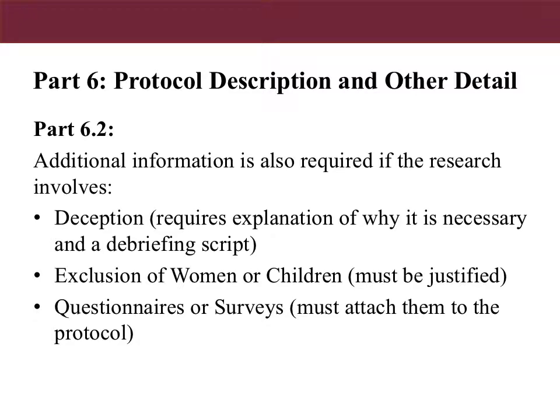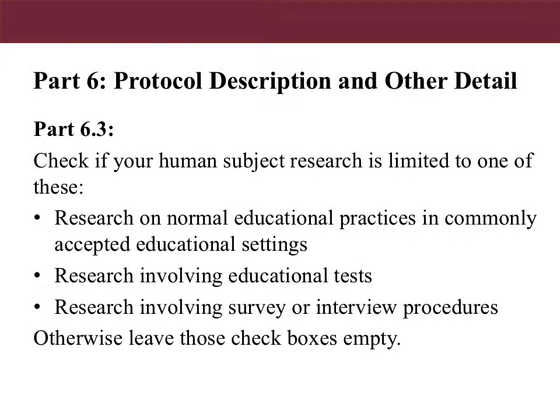Additional information is also required if the research involves deception, which requires an explanation of why it is necessary and a debriefing script, the exclusion of women or children, which must be justified, or questionnaires or surveys, which you must attach to the protocol. Part 6.3.